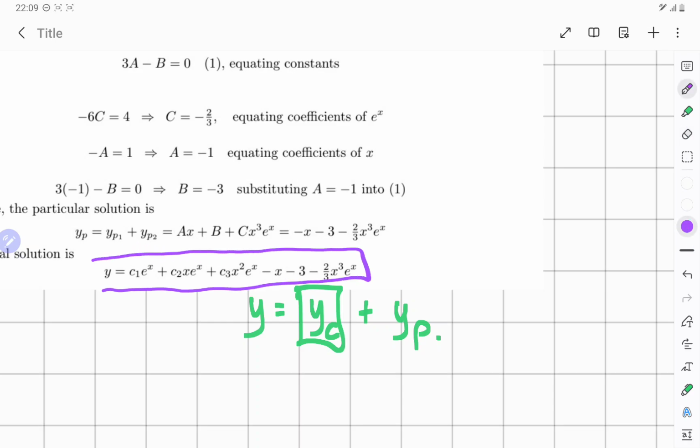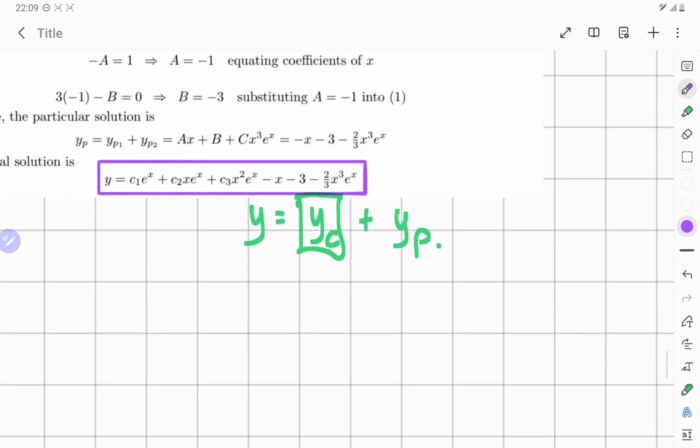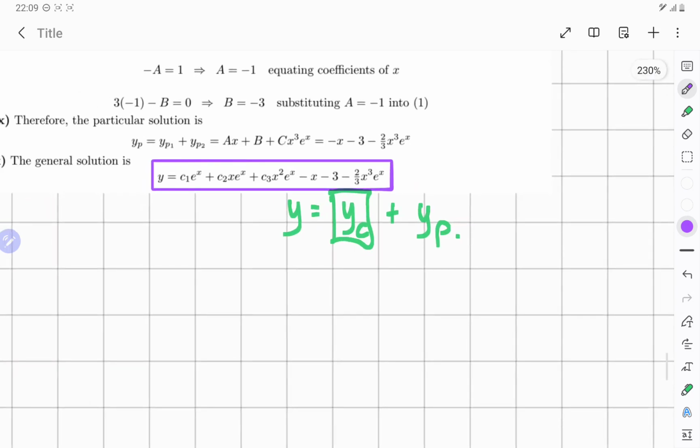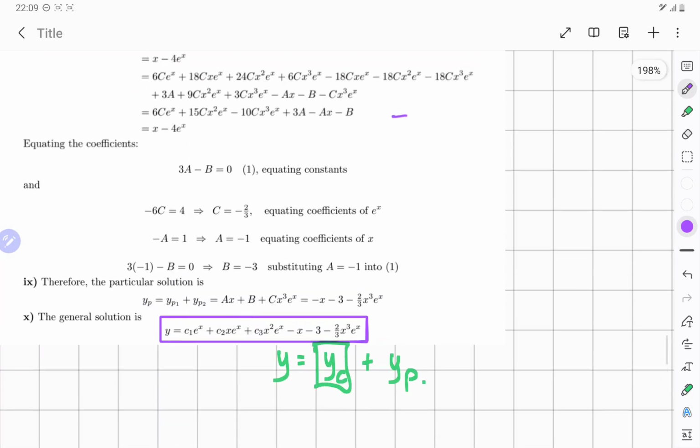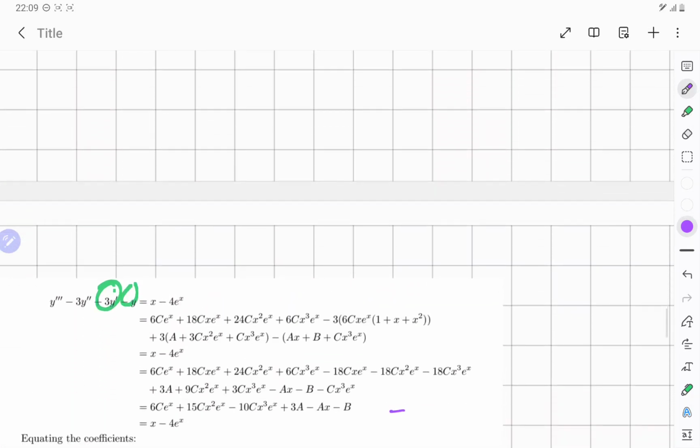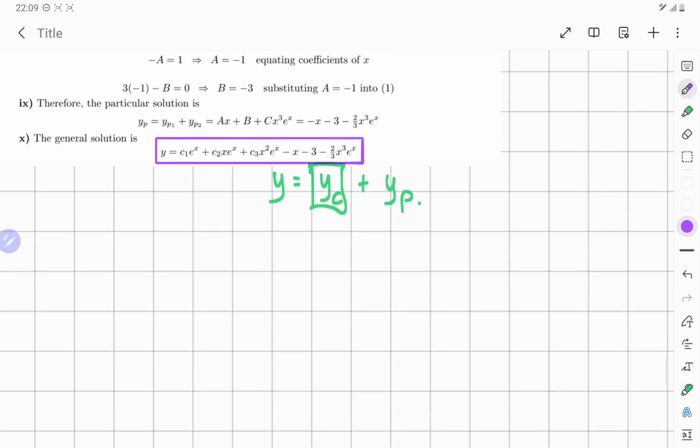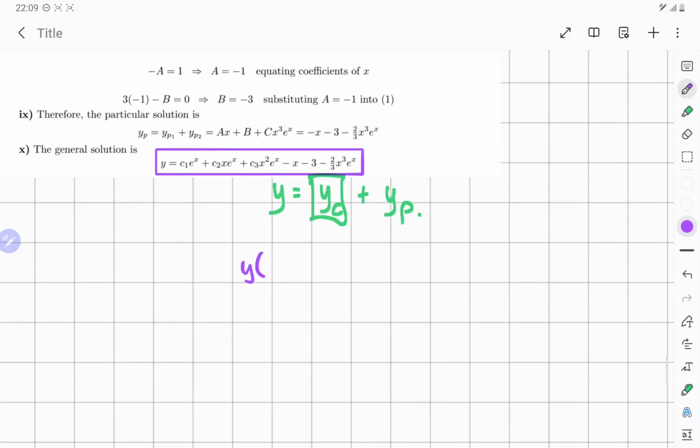So I only have the arbitrary constants C1, C2, and C3 left. If they ask you to solve those in a test, you will use the following conditions. So remember, it was a third order differential equation.